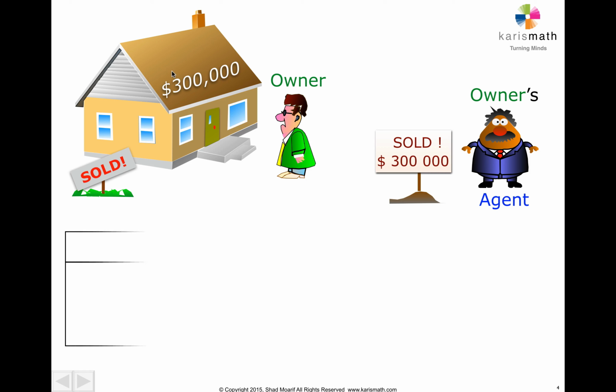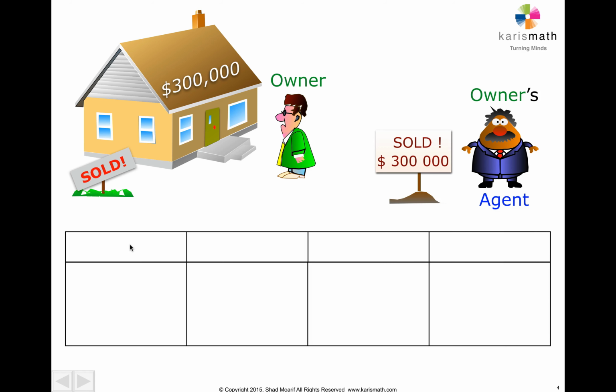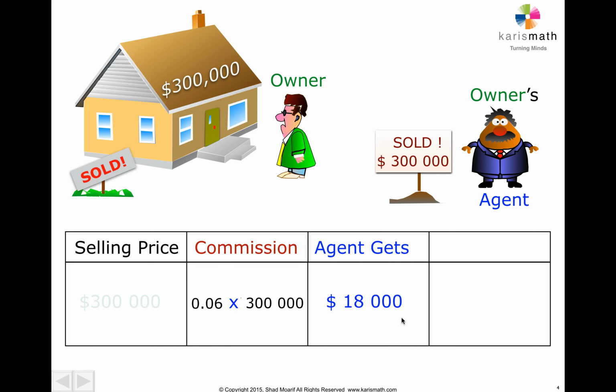If he sold it for $300,000, let's put it in a grid. The selling price is $300,000 and the commission is 6% of this selling price, which means we calculate 6% of 300,000, which is 0.06 times 300,000, and the answer, of course, is 18,000.